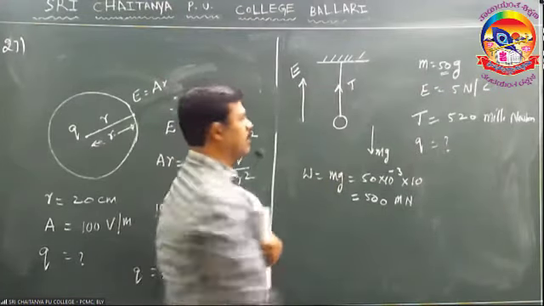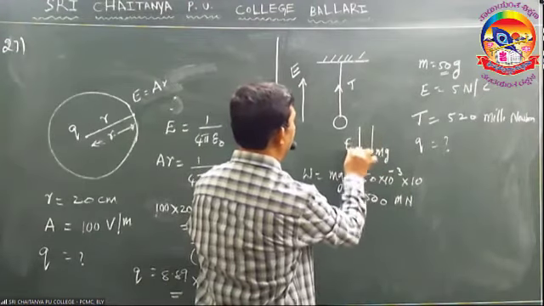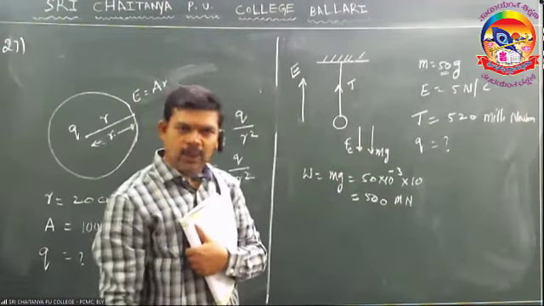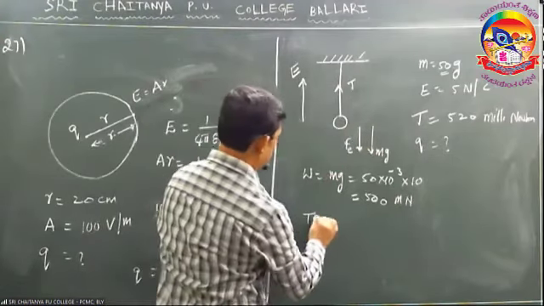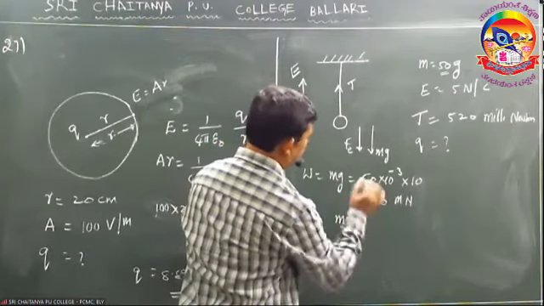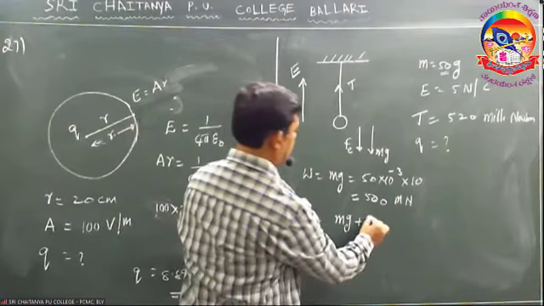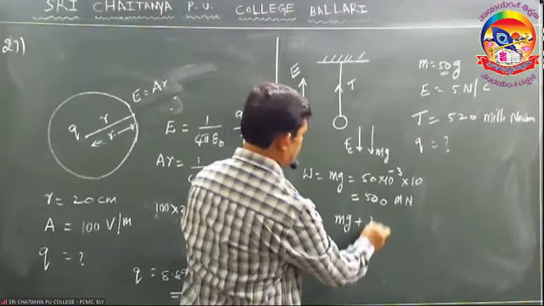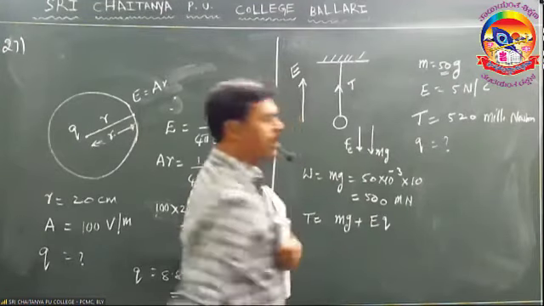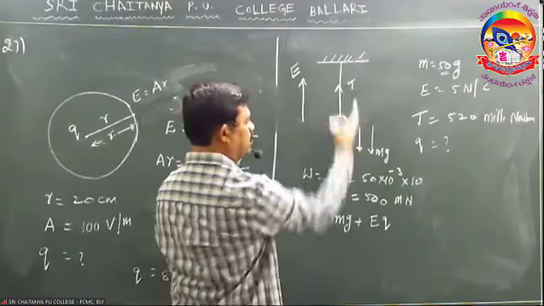This is possible when the force due to the electric field is also acting downwards. Tension is equal to mg plus EQ, right? Weight plus force due to electric field. If both act down, then this tension is more than weight.